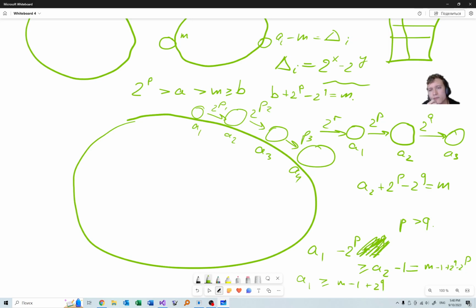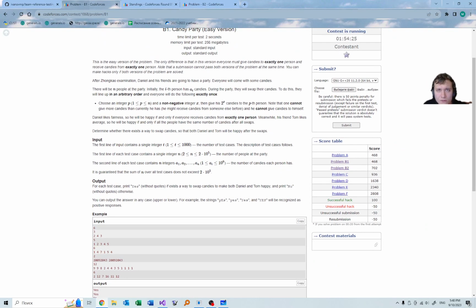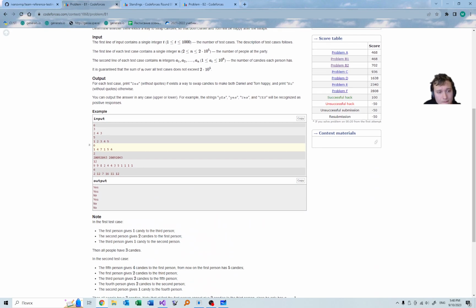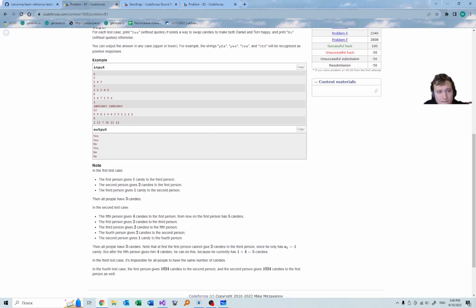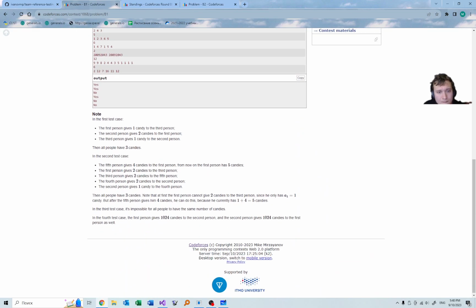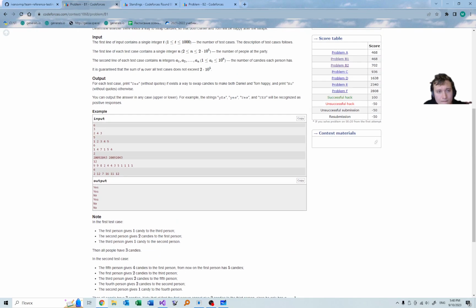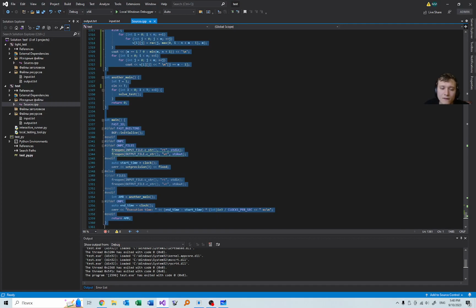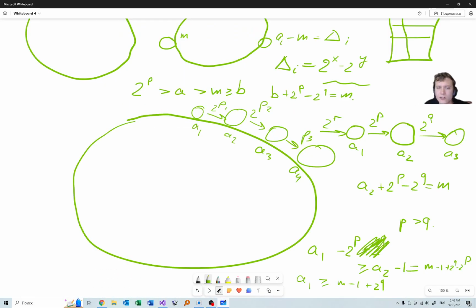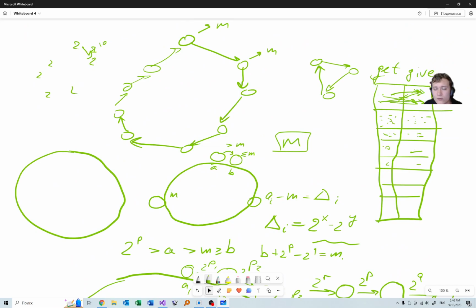No, there is no way I can prove it because a1 can be very little. Okay, I think we can just leave it without proof because intuitively I feel that it must be true. So actually, if the numbers in all rows are the same, I think it is possible.